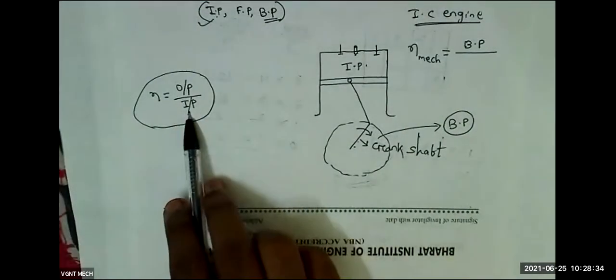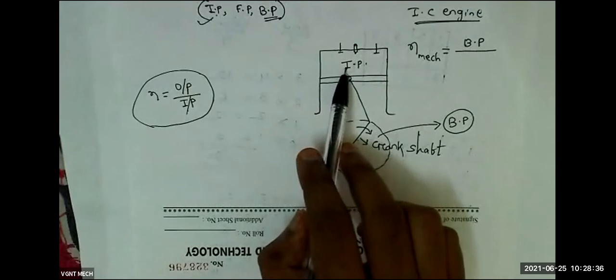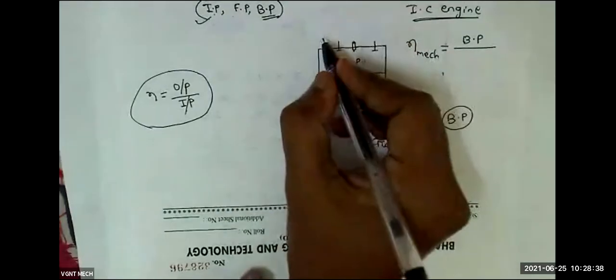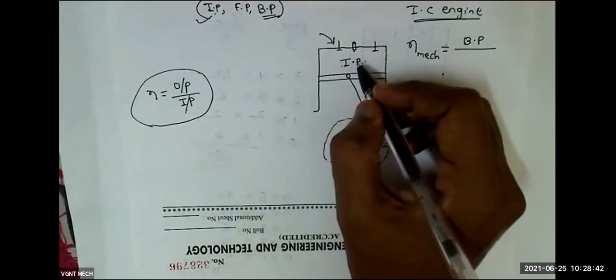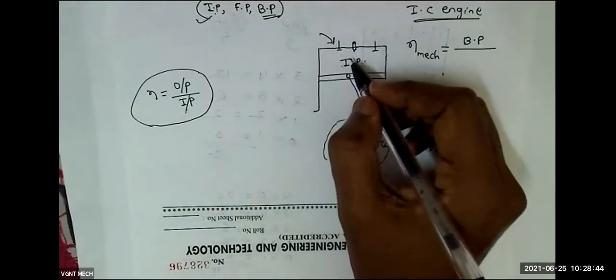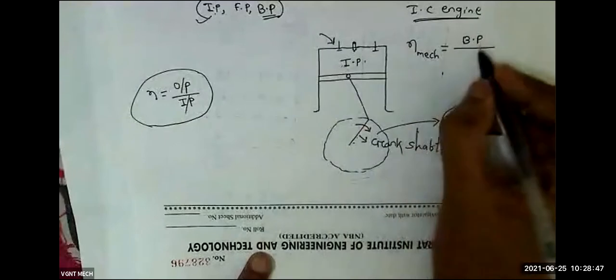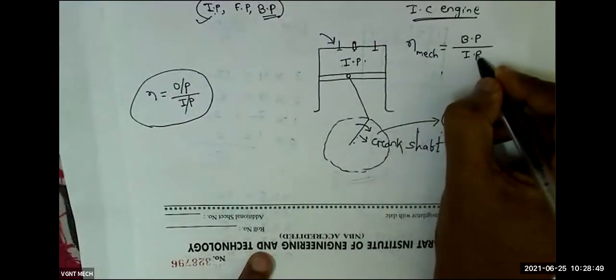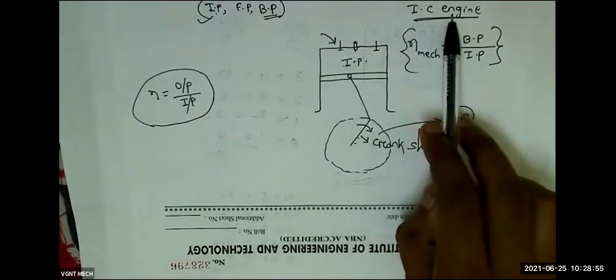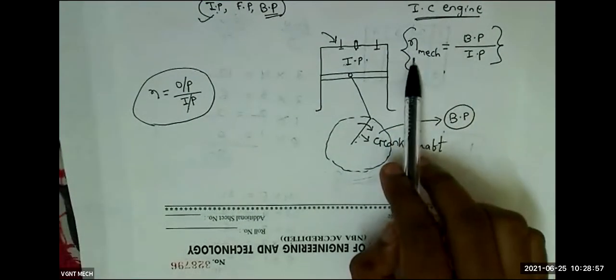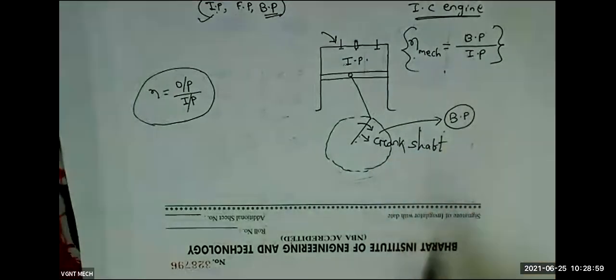And what is the input power? This is the input power, indicated power, because we are supplying air fuel mixture. This air fuel mixture will burn and we will get the indicated power. So this indicated power is the input power. That's why for an IC engine, the formula of mechanical efficiency is brake power by indicated power.